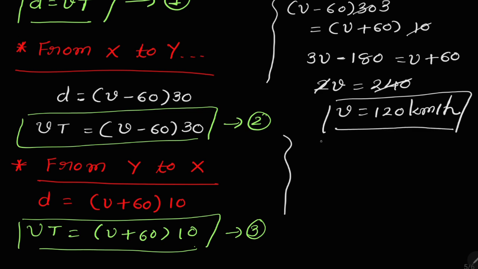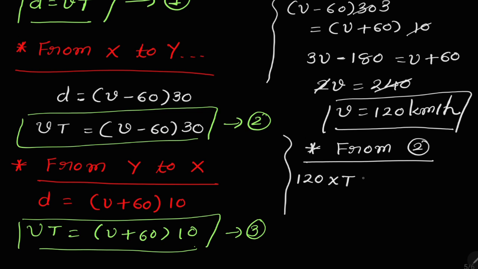Now let me put this value in equation number 2, and with the help of equation 2, let me find out the time period t. So from equation 2, the speed of the bus is 120 into time period t is equal to (120 minus 60) multiplied by 30. 30 fours are 120. So 4t is equal to 120 minus 60, that is 60.